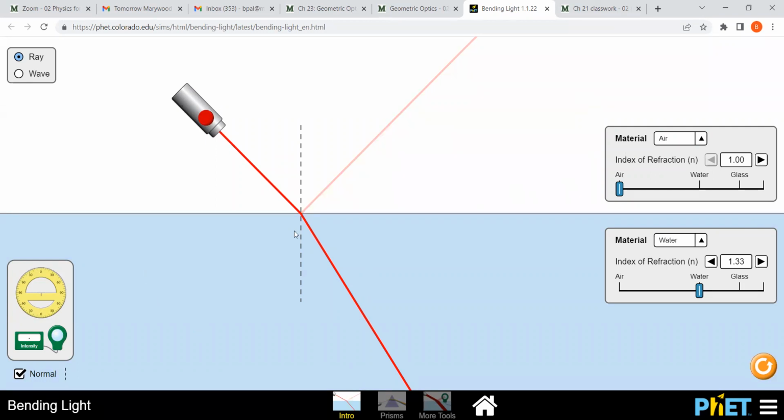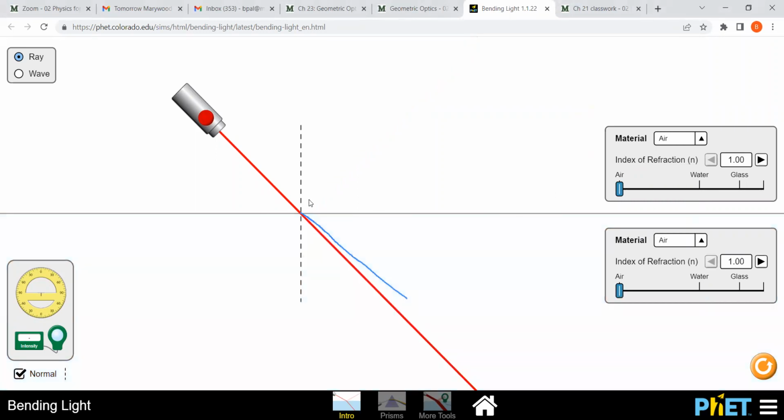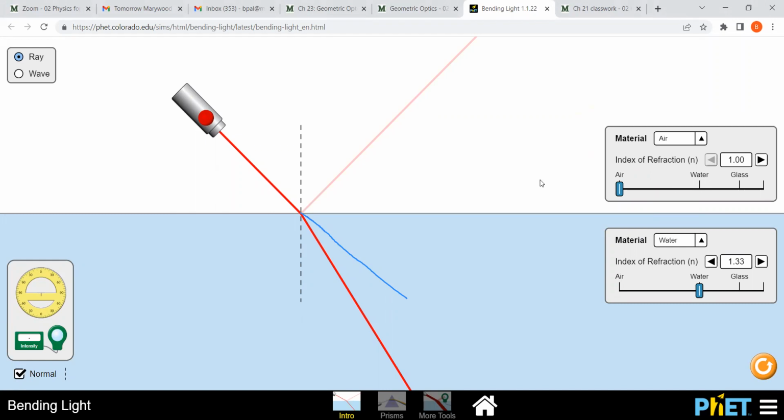If both media were air, the ray should follow this line. But because this is water, you see that it bends towards the normal. So the rule is when light goes from low index of refraction to high index of refraction, it bends towards the normal line.